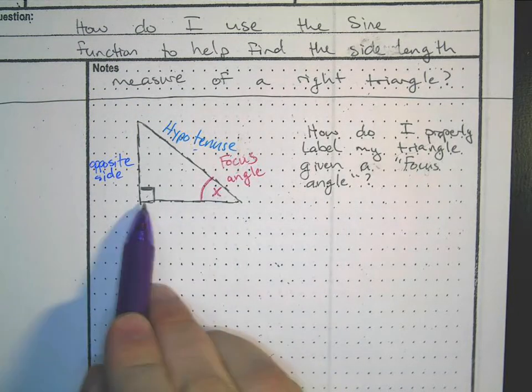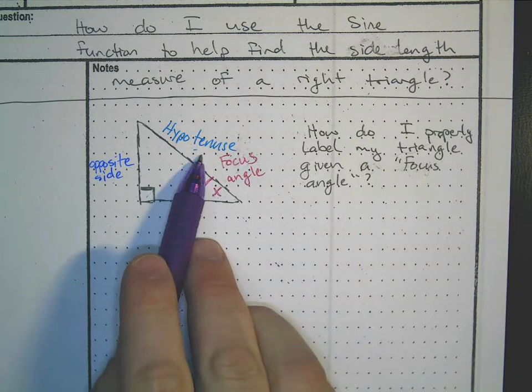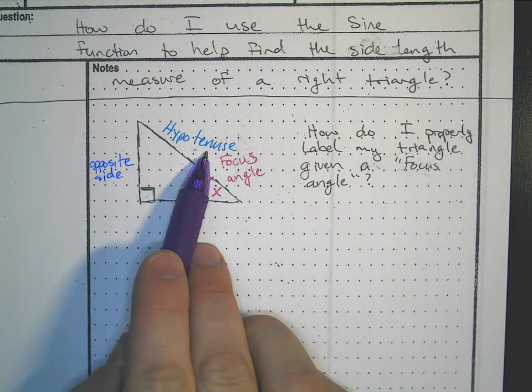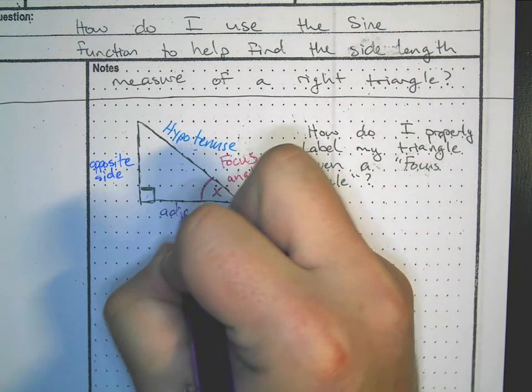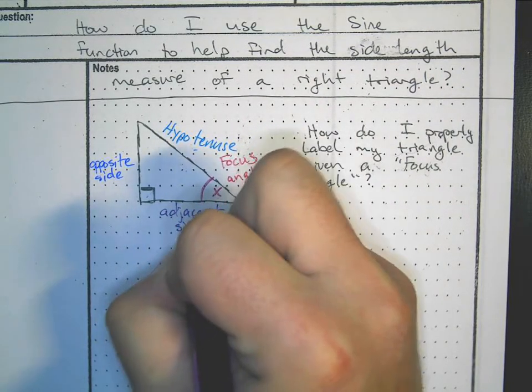And then the side that is touching the focus angle, not the hypotenuse (the hypotenuse will always be touching a focus angle), but the other side touching the focus angle we will call the adjacent side.